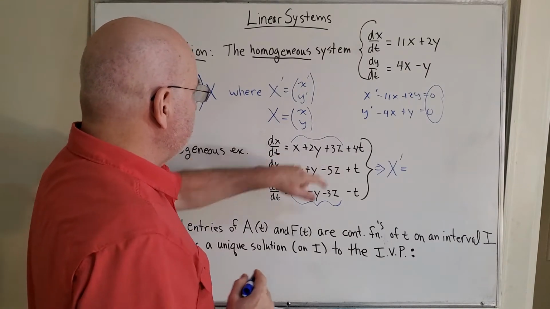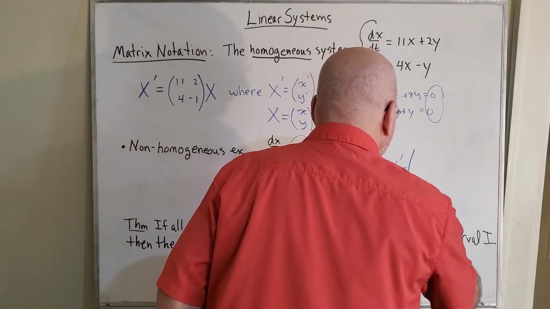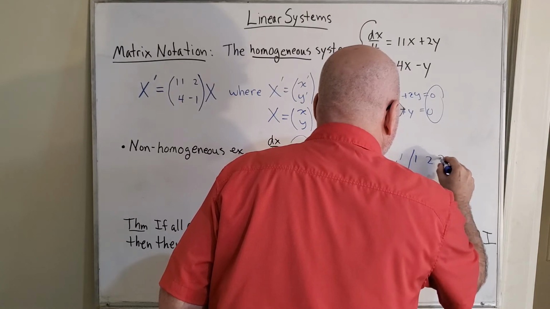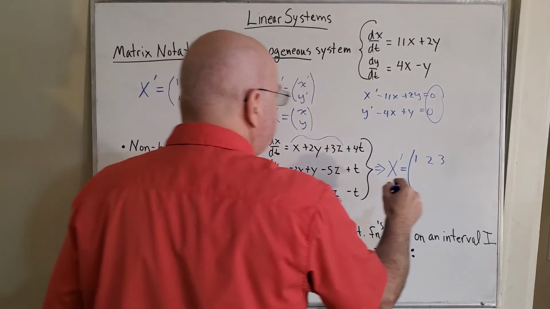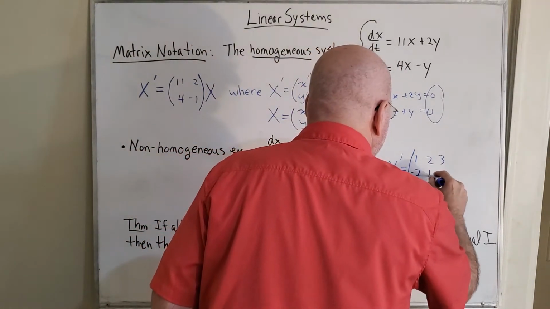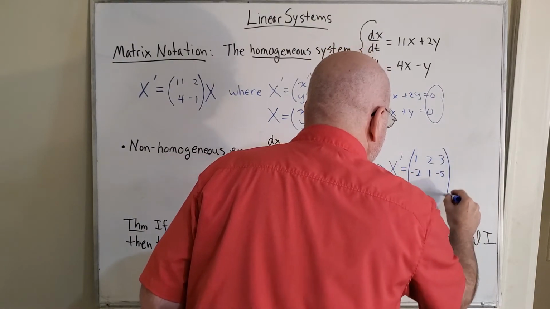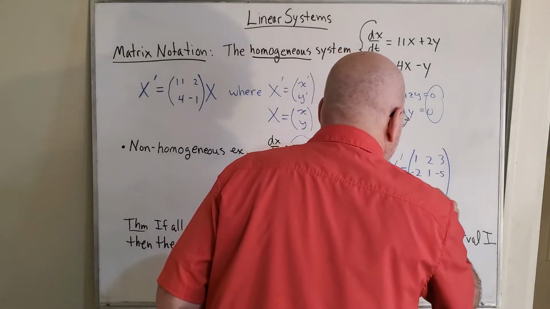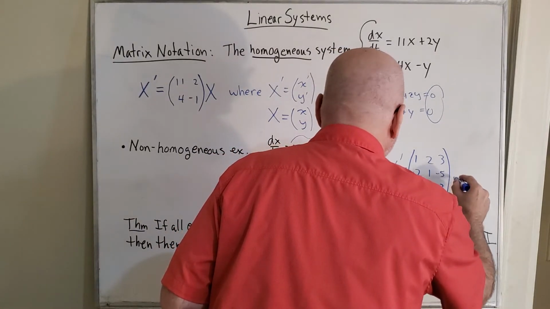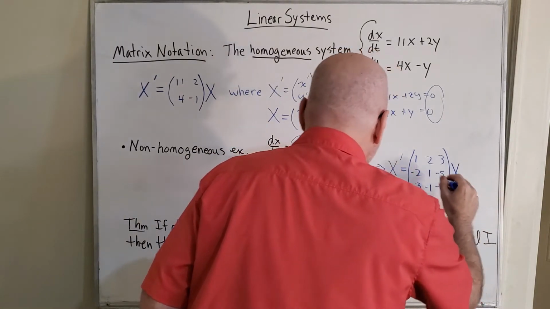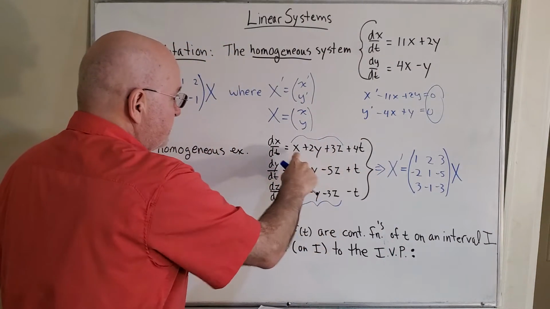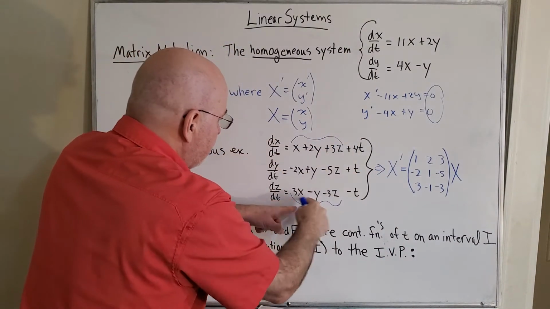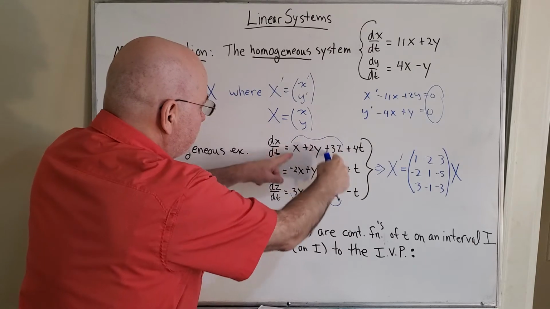So I'm going to get a 1, 2, 3. Second row, negative 2, 1, negative 5. Third row, 3, negative 1, negative 3. Times x. That gives us these 3 by 3 entries right here.